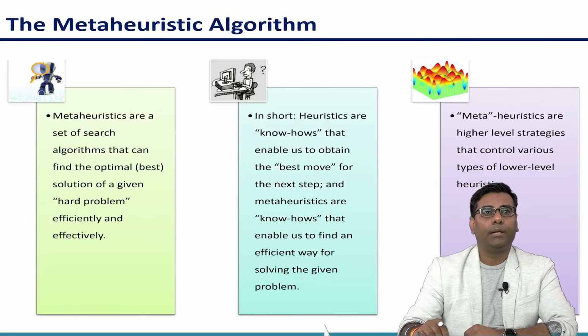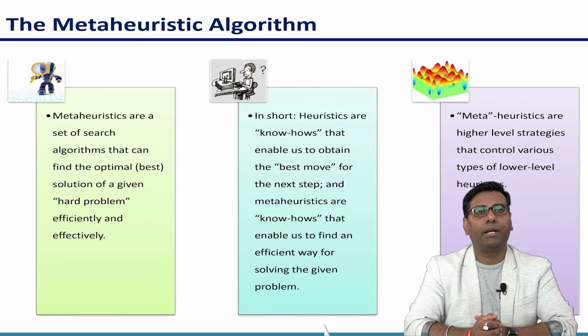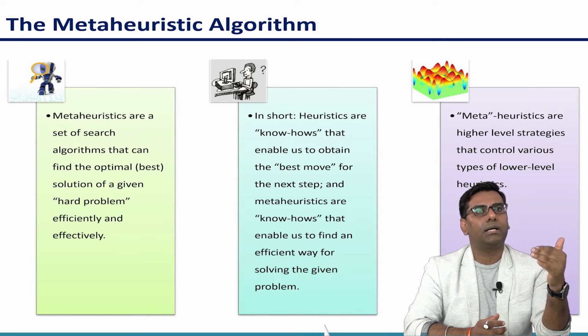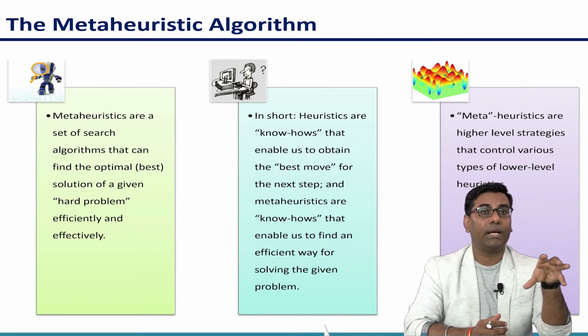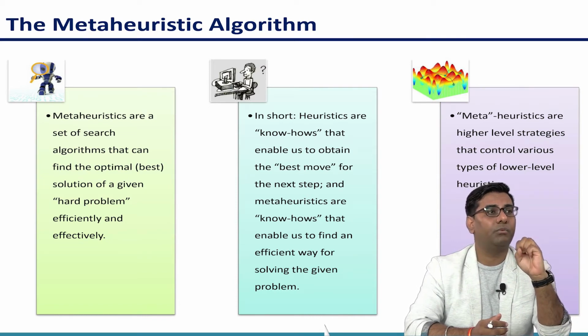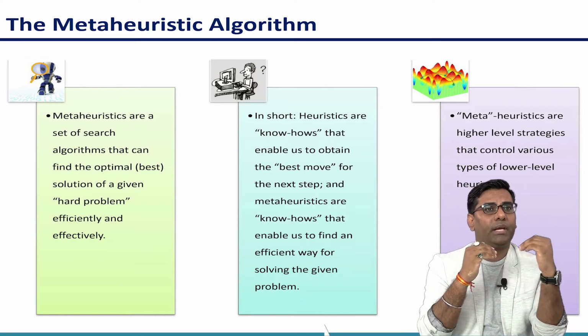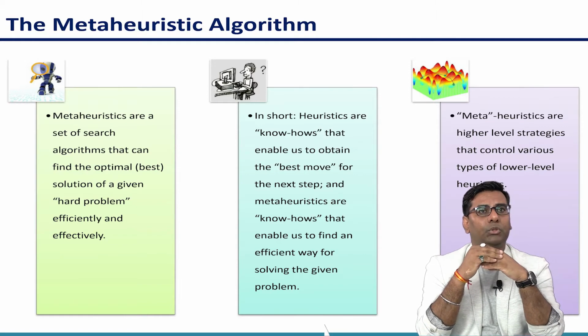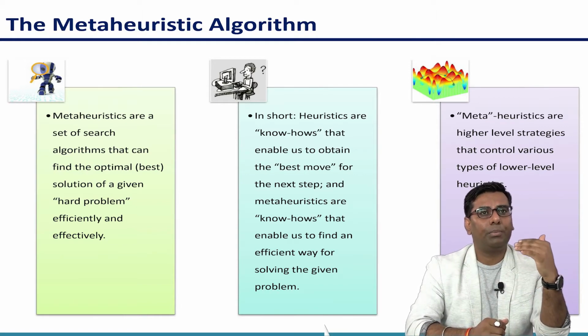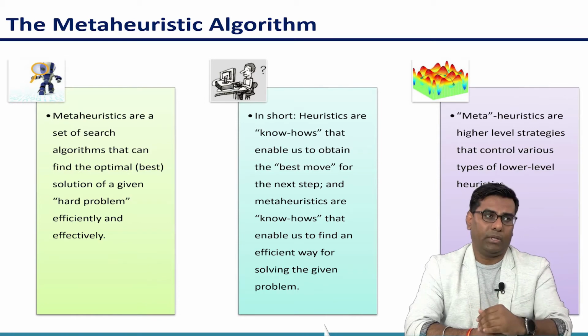So here we can see what a metaheuristic algorithm is. Heuristics are a set of search algorithms that can find an optimal or best solution for any given hard problem. Metaheuristics are a set of search algorithms that can find the optimal or best solution for a given hard problem efficiently and effectively.